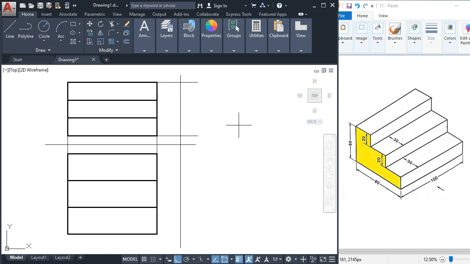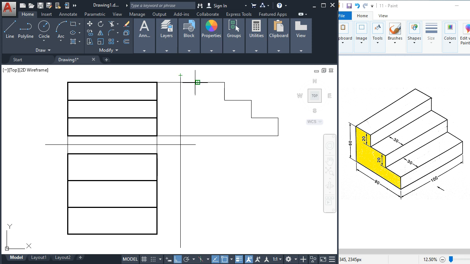First of all we'll draw the 90 line here. From this point we'll draw a line of length 90. Suppose when you start from this point, we have to draw a line of height 20, and this width is 30, and this way height is 20, and this way 30, and this way 20, and this way you can join directly.